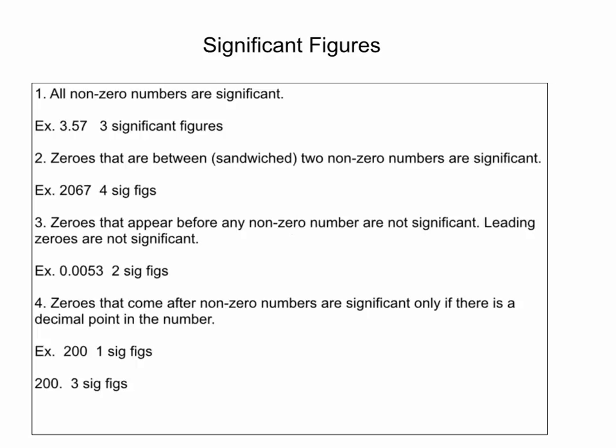If I do one more example here, 3.400, this number also has 4 significant figures because these zeros come after non-zero numbers, so they're not sandwiched, they're not leading, but there is a decimal point, so they do count. So every number here counts as a significant figure.